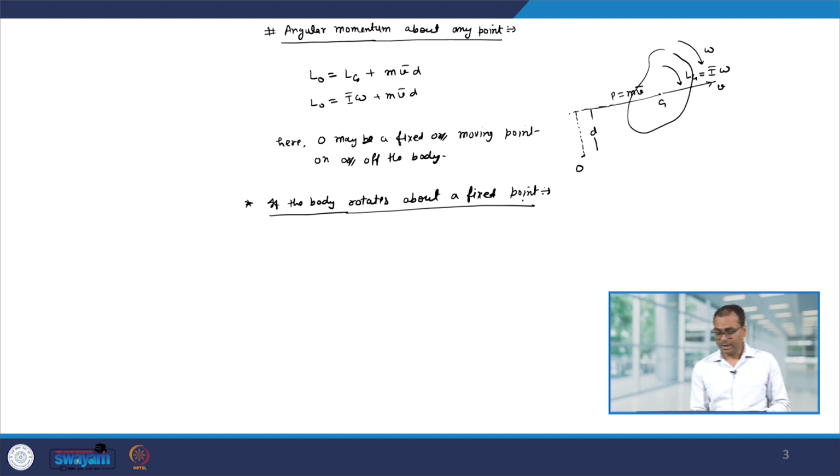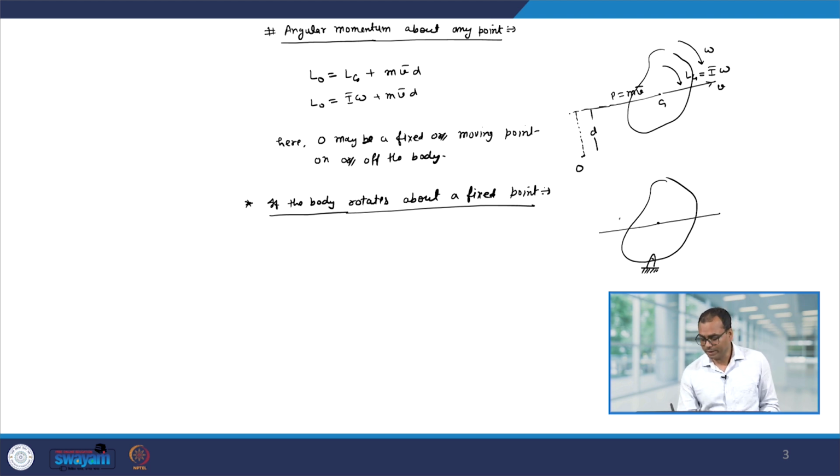Again we have this rigid body, let us fix some point on it, and let us say this body is rotating about this fixed point. So, we have the linear momentum P equal to m v bar, and since this body is rotating with an angular velocity omega, the angular momentum about G is L_G equal to I bar omega.